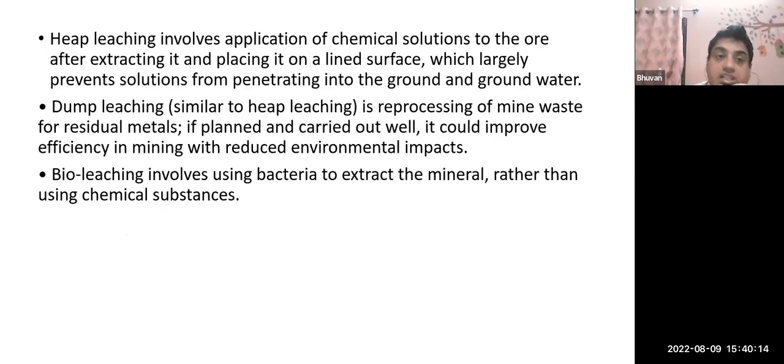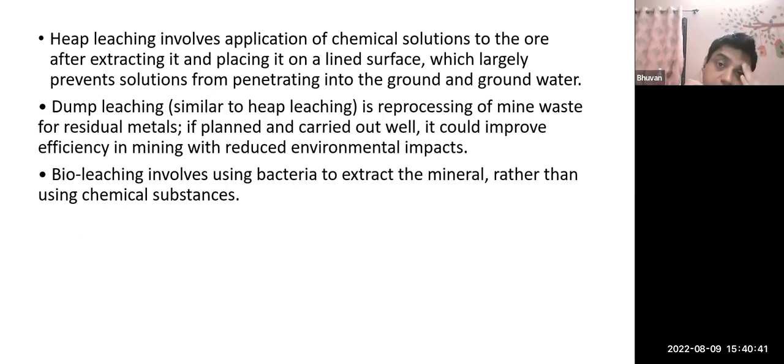Then we have heap leaching, in which the chemical solutions are applied on a heap of the mine debris, and these heaps are placed on a lined surface, so that the chemicals used don't penetrate the ground or pollute the groundwater. Then we have dump leaching.